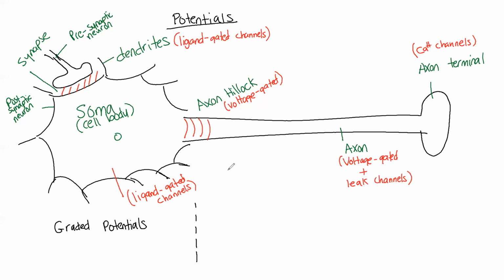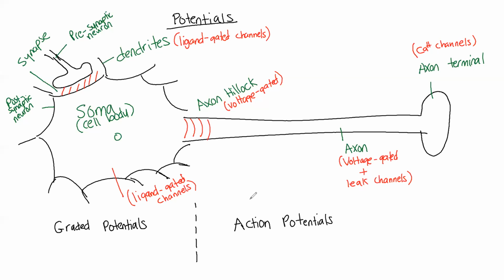And so an action potential is going to be propagated beyond the axon hillock. So beyond the axon hillock, we no longer see graded potentials, but if we meet the requirements, we then see the development and the propagation of an action potential. Okay.